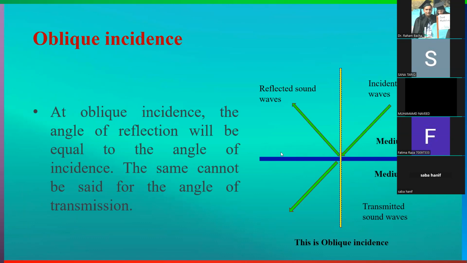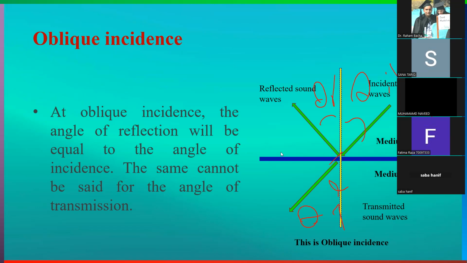This is the angle of incidence, this is the angle of reflection, and this is the angle of transmission. Always the angle of incidence will be equal to the angle of reflection.